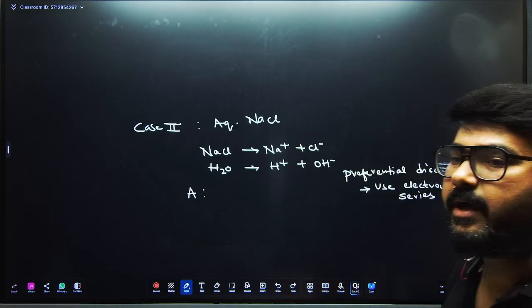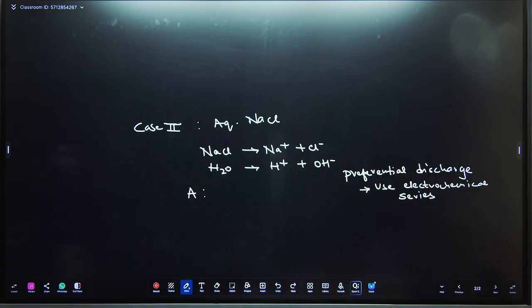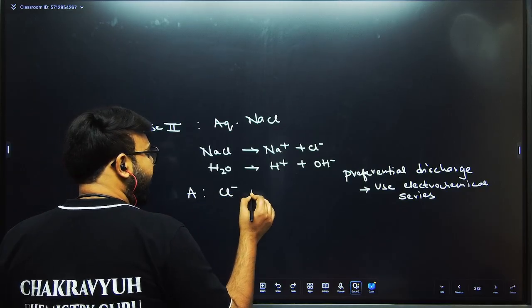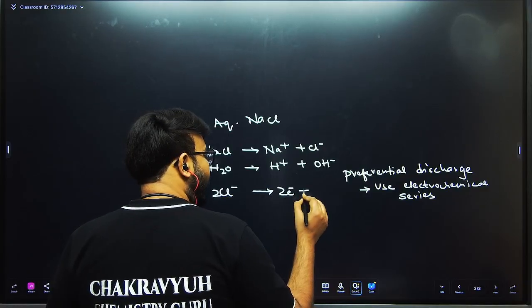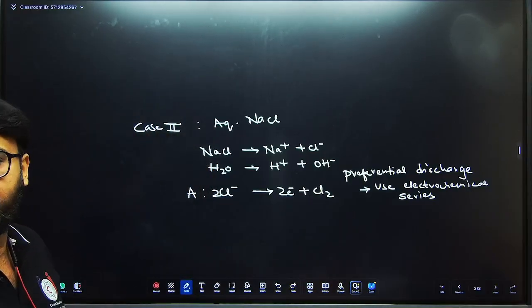A for anode, A for above. So who is above in the electrochemical series, Cl minus or OH minus? Cl minus. So 2Cl minus will lose 2 electrons to form Cl2. I hope that is clear to everyone.